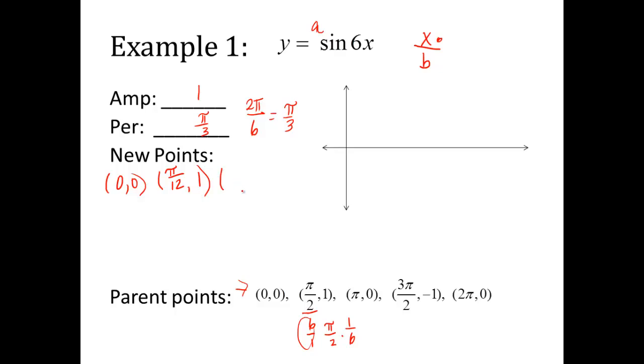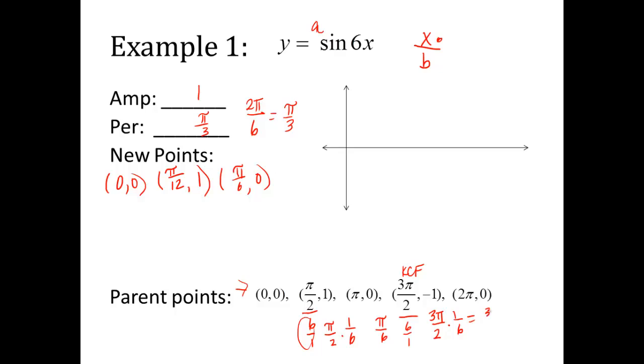Next one is pi. Well, pi divided by 6 is easy. It's just pi over 6. Y value is 0. Next point, look, 3 pi over 2 divided by 6 over 1. This is going to be a keep it, change it, flip it. So 3 pi over 2, change to multiplication, flip this over.